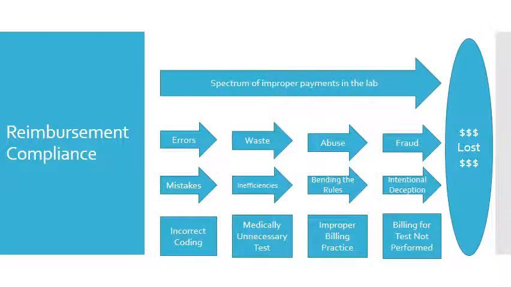A big one it applies to is chemistry. If the doctor has ordered all the components of a comprehensive metabolic panel but has ordered them individually instead, that's not allowed. It has to be bundled together. Most of the time, the LAS has mechanisms to bundle them.